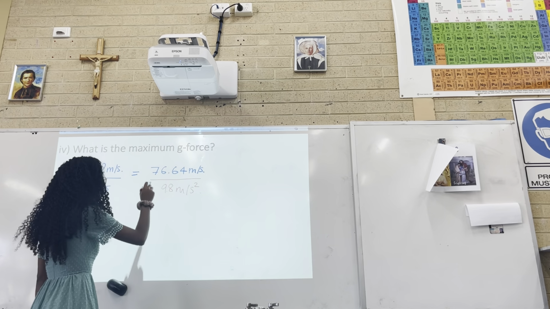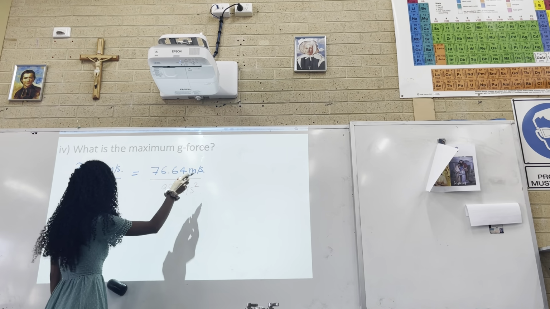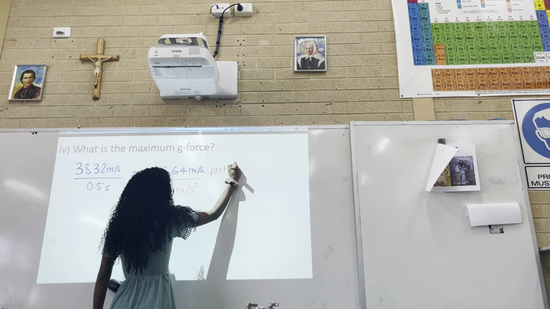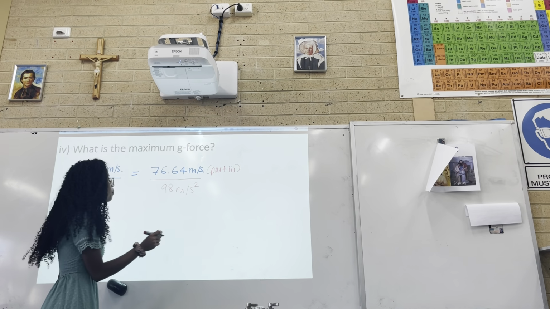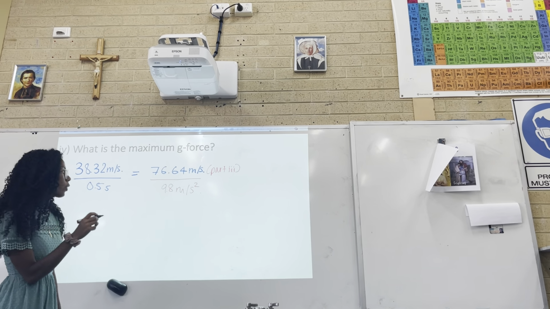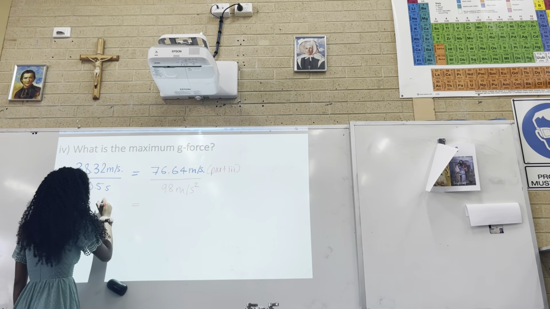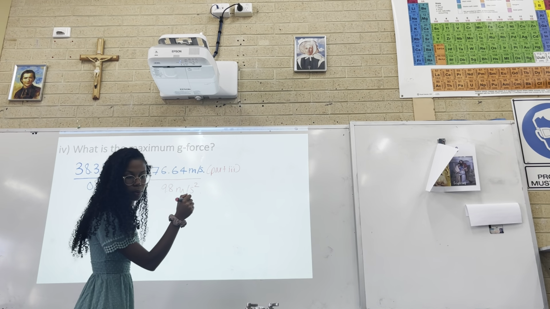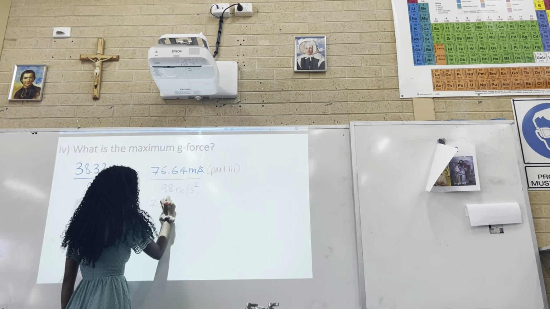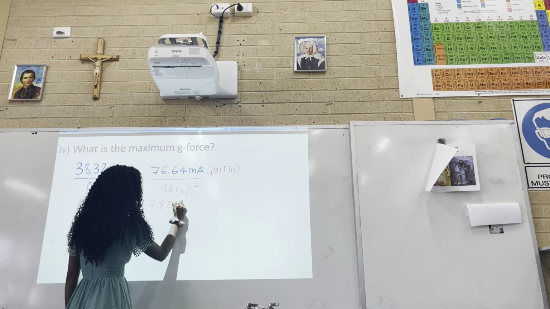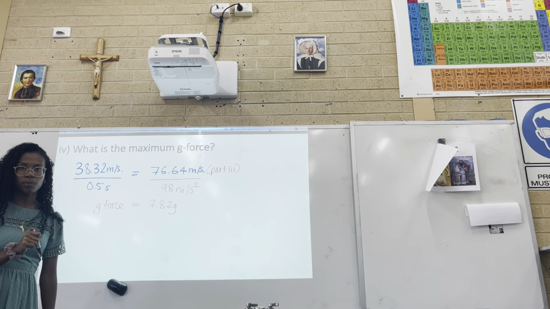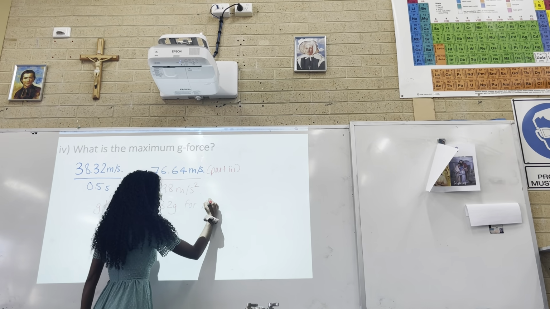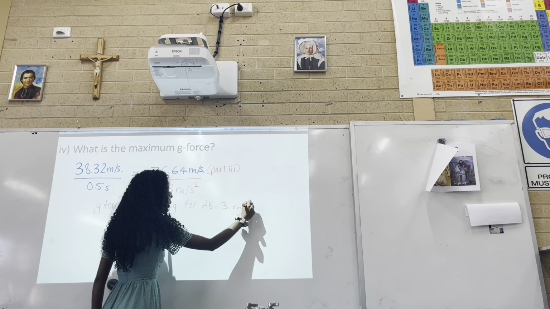So we go 76.64, the answer to my question from part 2, divided by 9.8 meters per second squared, and that gives us our G-force: 7.82 G's. We say that is the maximum G-force experienced by the rocket, 7.82 G's for an A8-3 motor.